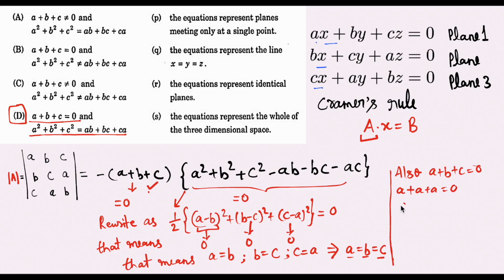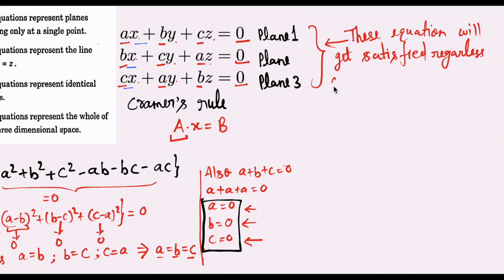Okay, so now using this solution we go back to our planes, and we found out that the equations of these three planes will get satisfied regardless of the values of x, y, z, as a, b, c are 0.